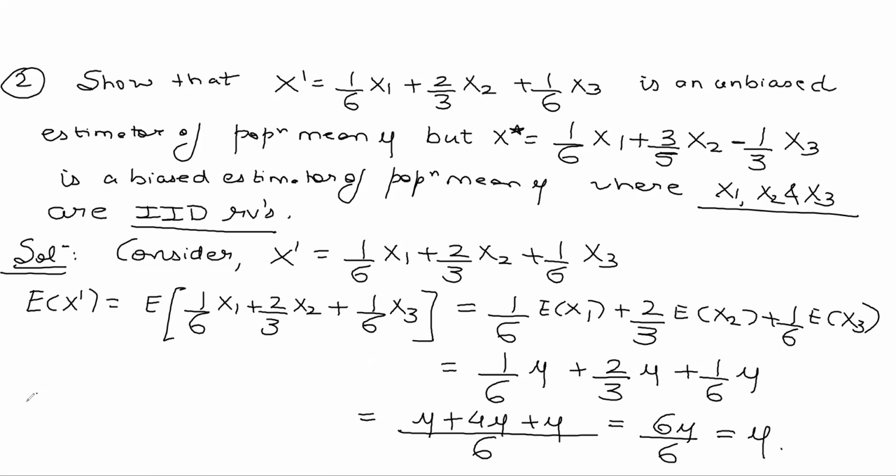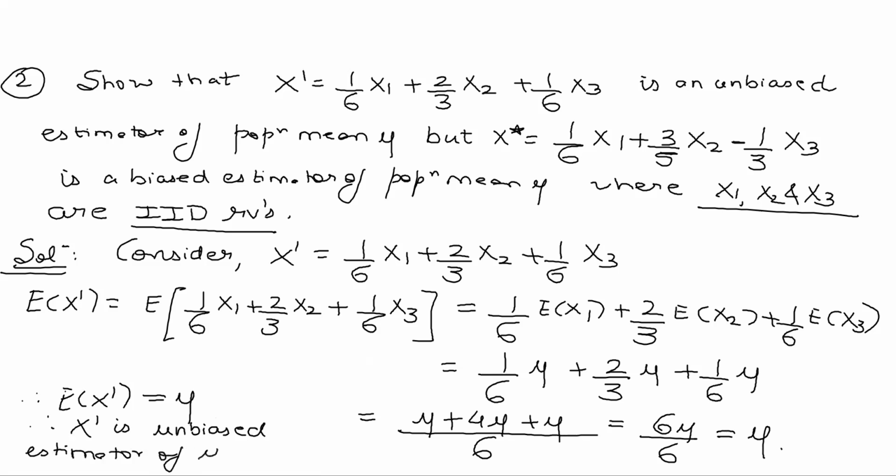So we have shown that expected value of x dash is equal to mu. Therefore, x dash is an unbiased estimator of mu.